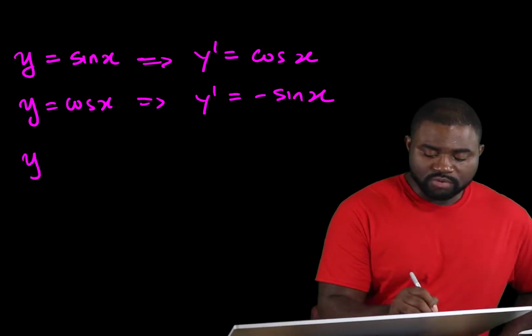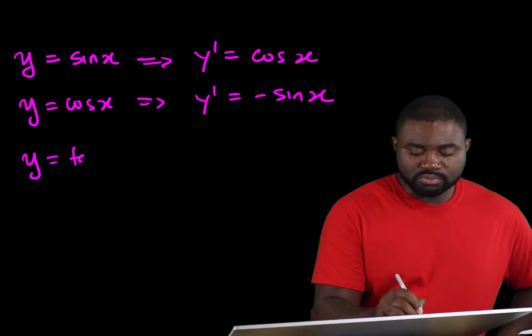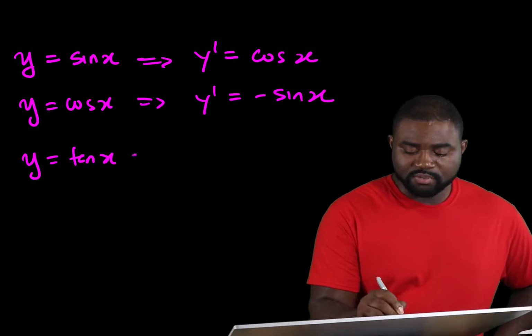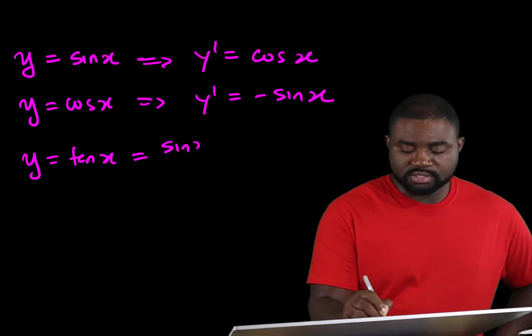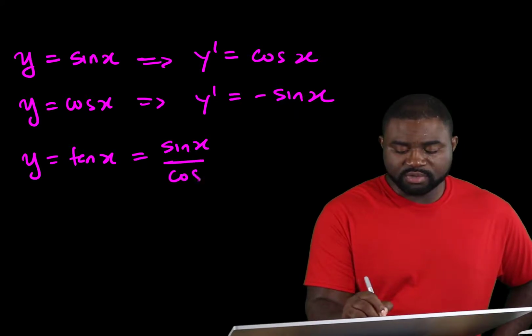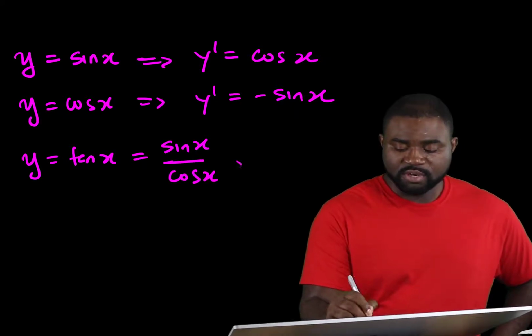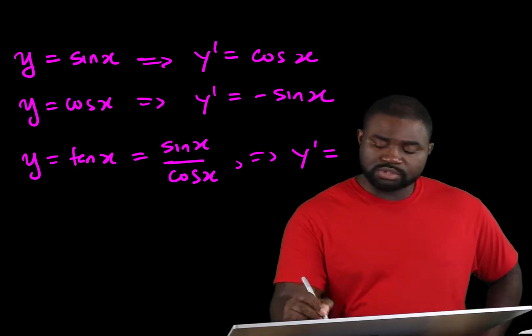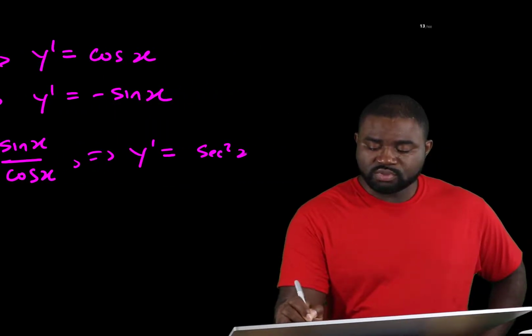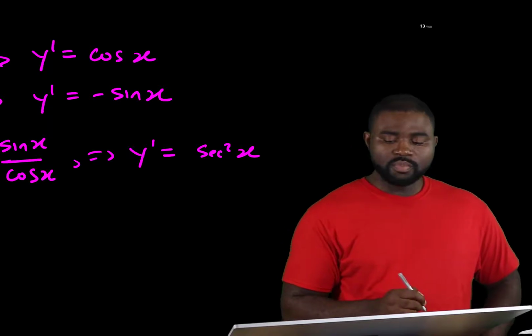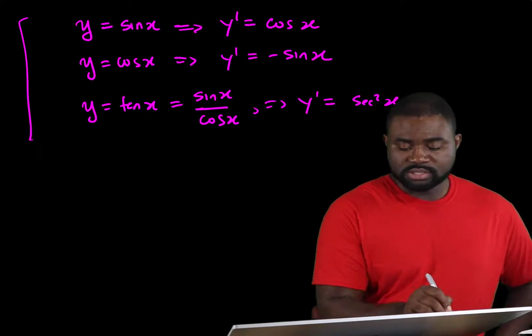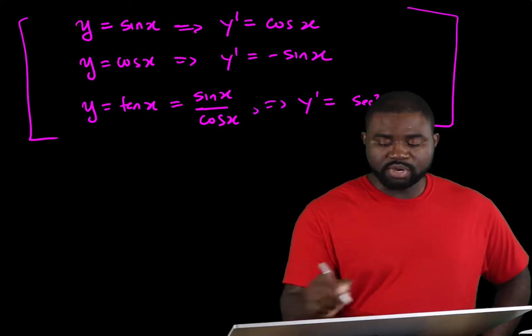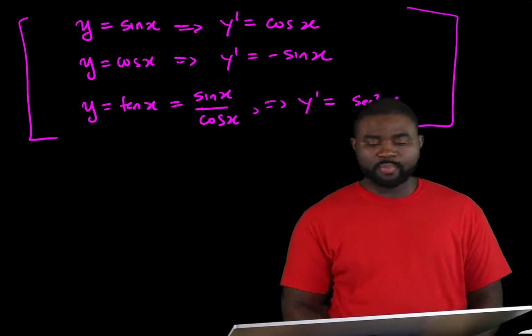Now, if y is equal to tan x, remember tan x is the same as sine x divided by cosine of x, then y prime will be equal to sec square x. Now, these really are the primary trigonometric functions.